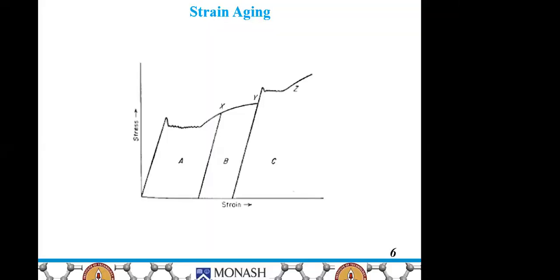Consider now that the specimen is strained to point Y and unloaded, and if it is reloaded after aging for several days at room temperature, or several hours at an aging temperature like 400 Kelvin, the yield point will reappear.